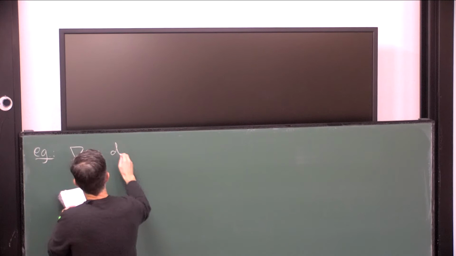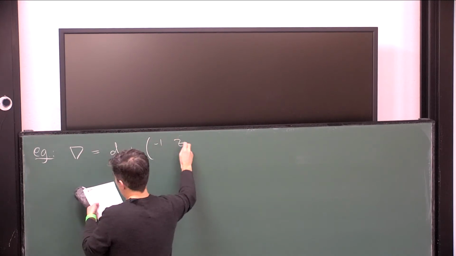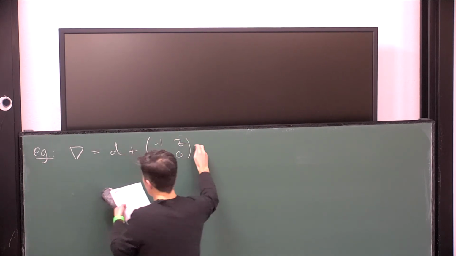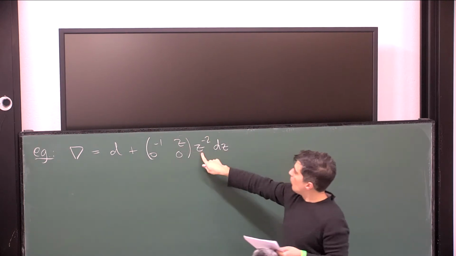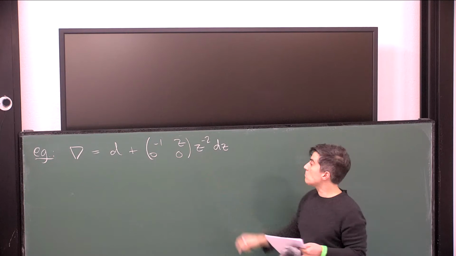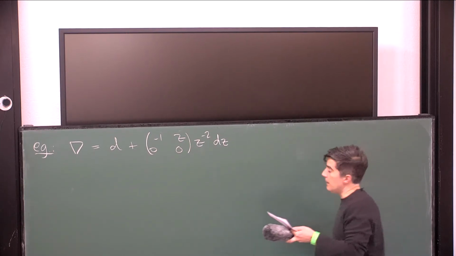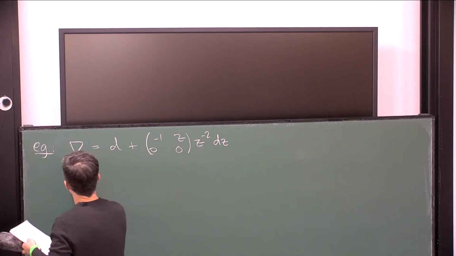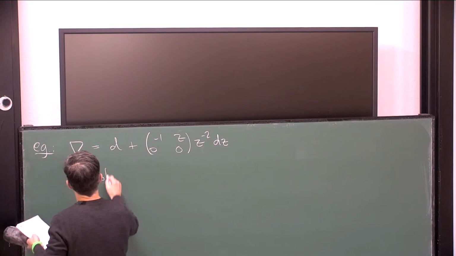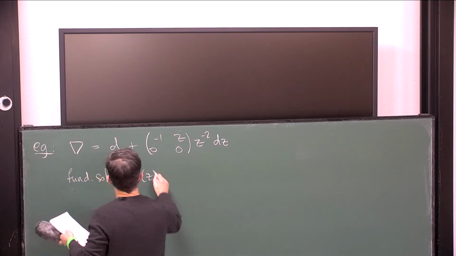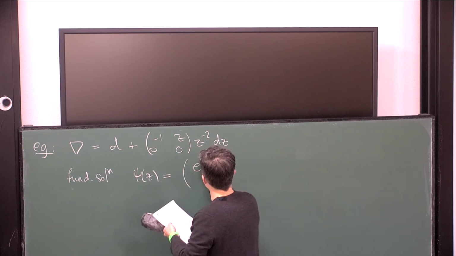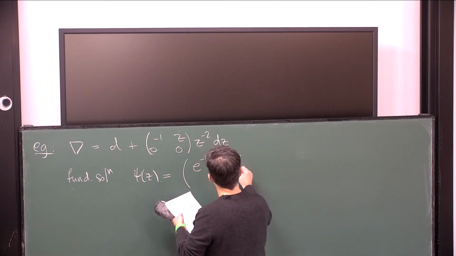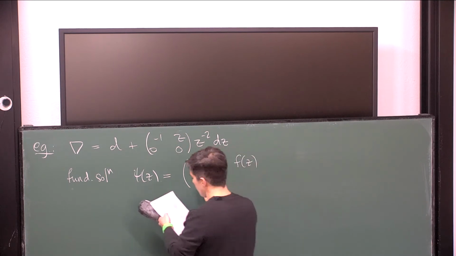So we had this example. Oh, I'm sorry. This is slightly different from the example because this has a pole of order 2. And the fundamental solution to this, let me just write it. So this is e to the -1 over z, and some function, which I'm not going to tell what it is.